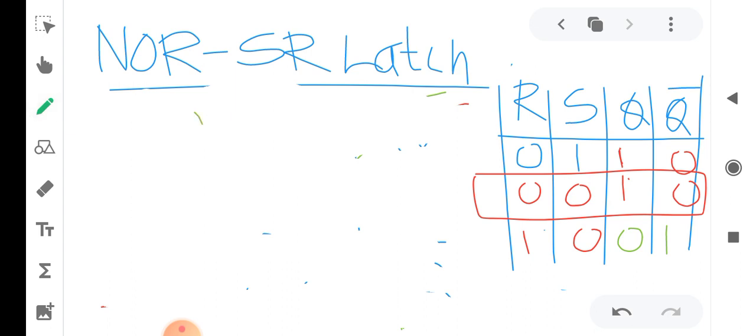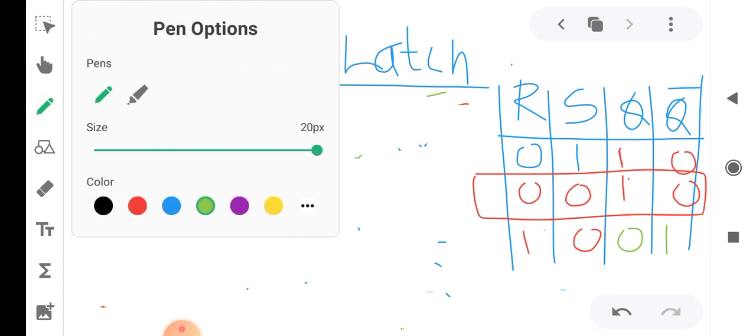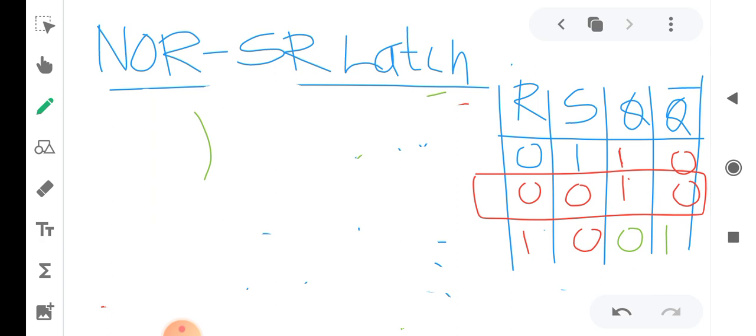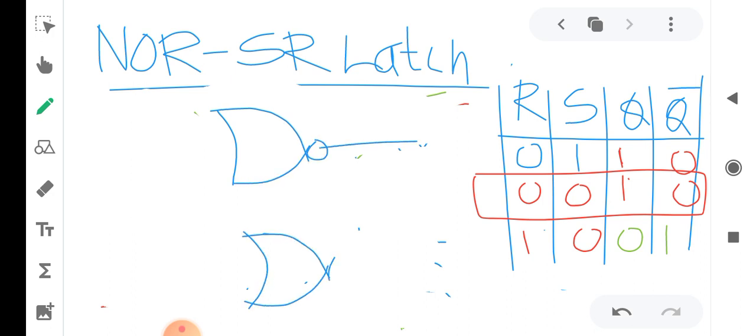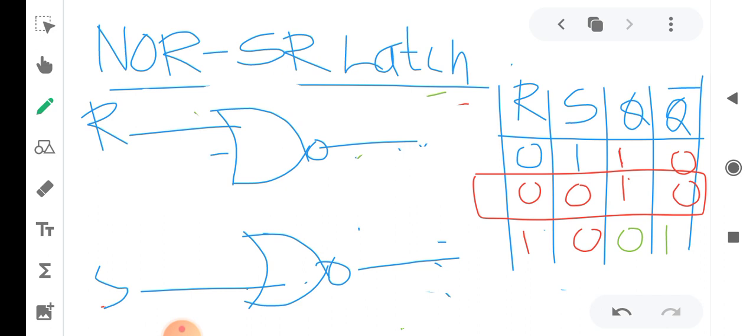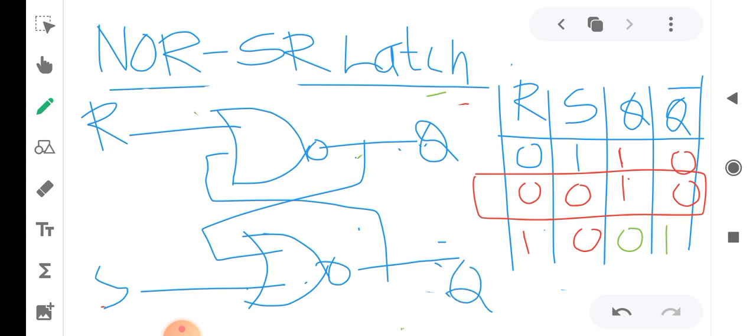For this R is equal to 1. See, for R, S, this is Q, this is Q complement.